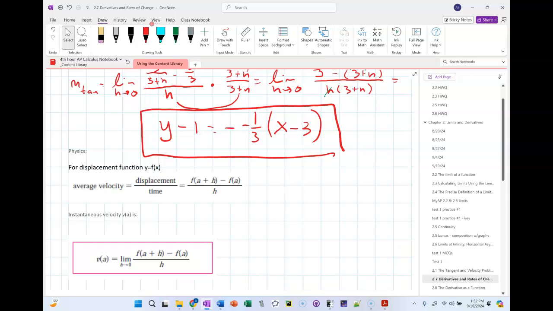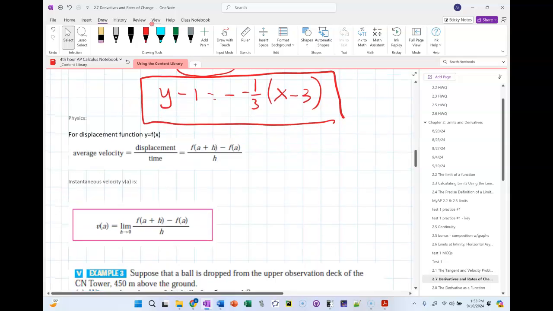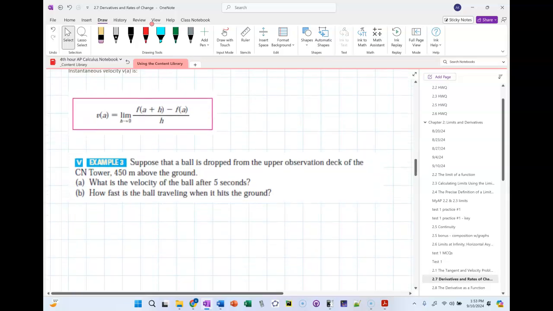Everybody's okay? And we'll formalize what we mean by a derivative here in a moment. Right now we just talked about slopes of tangent lines. Everybody's cool with that vocabulary? AP loves to use the terms average and instantaneous, just to make sure you really catch on. So I want to hammer that here a little bit. All right.